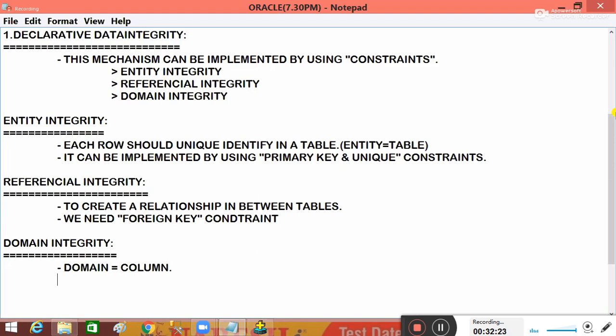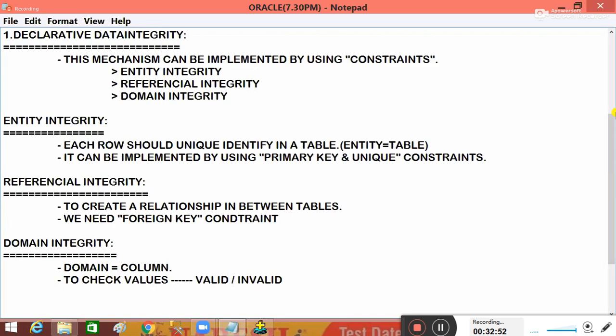So the domain integrity mechanism checks values, whether they are valid or invalid. Suppose your value is invalid, then immediately the data is not allowed.